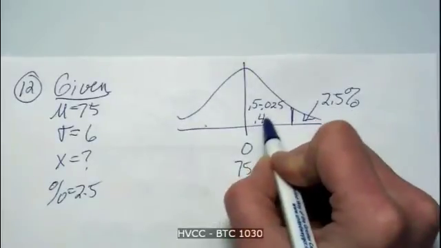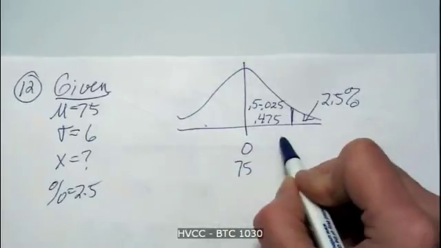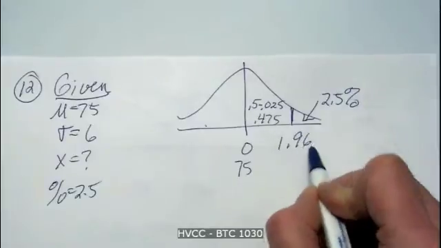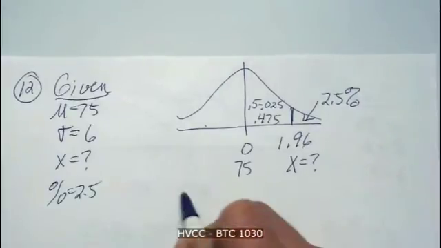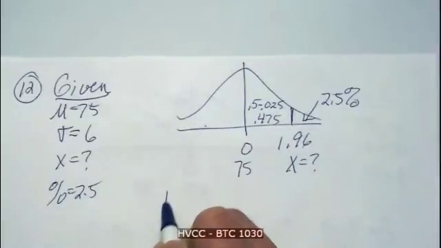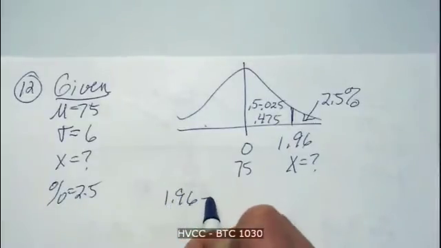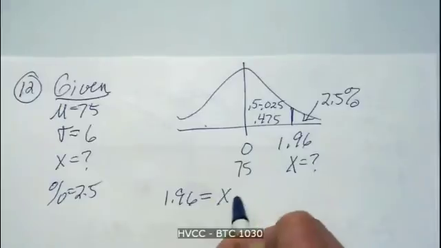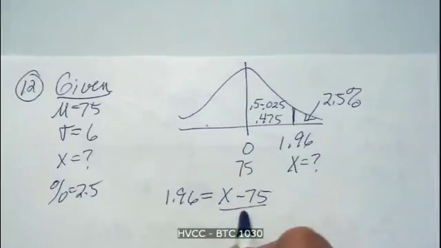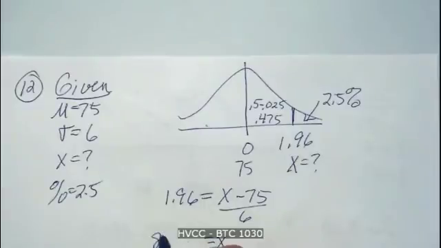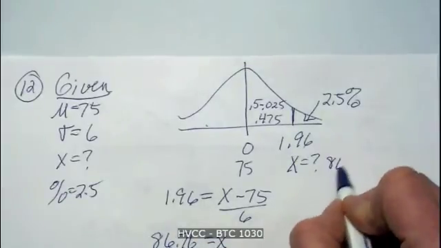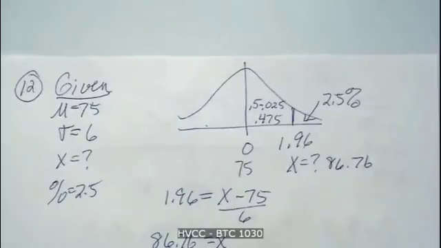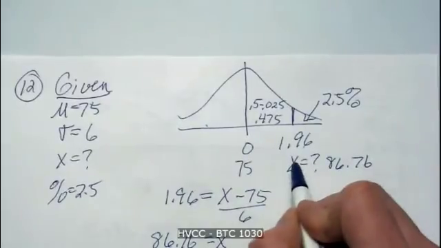I have 0.475. I get a Z of 1.96. I'm looking for X. So Z is a positive 1.96 equals X minus 75 over 6. And when you do the algebra, it's 86.76. So my X is 86.76.